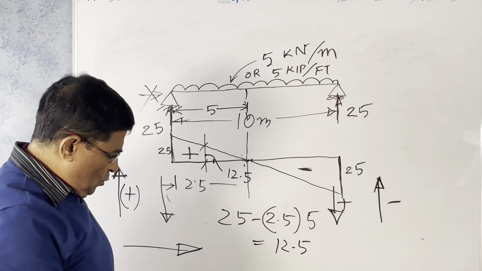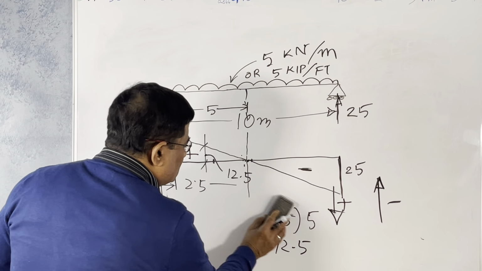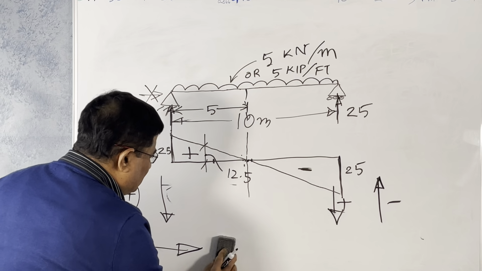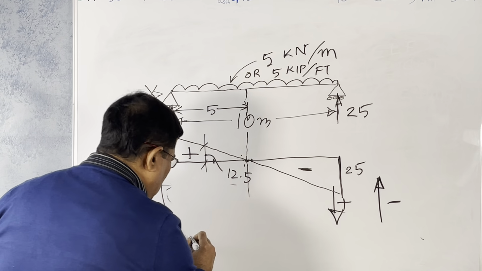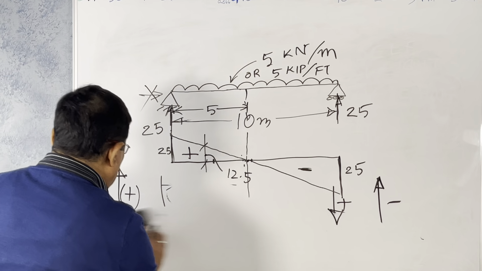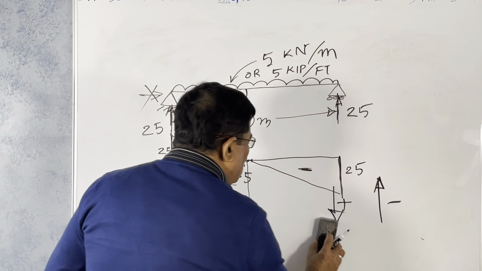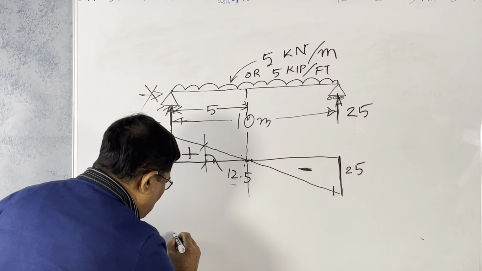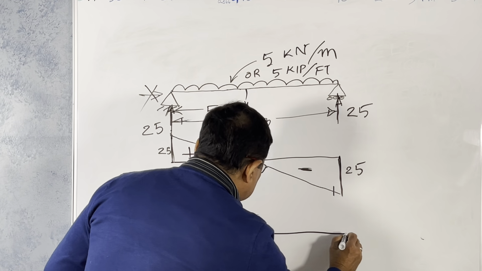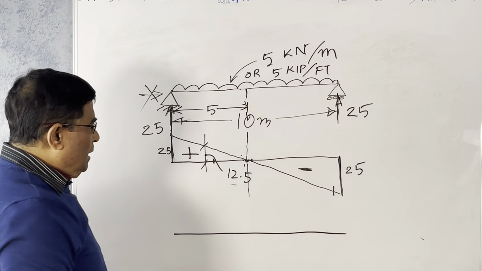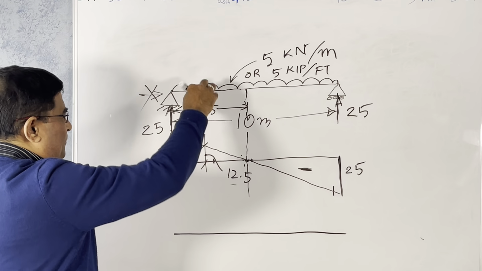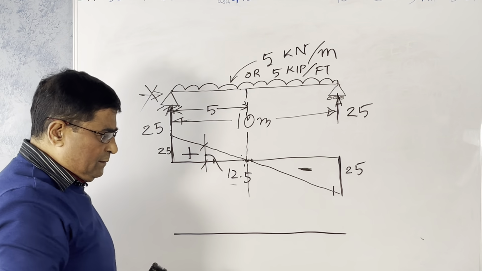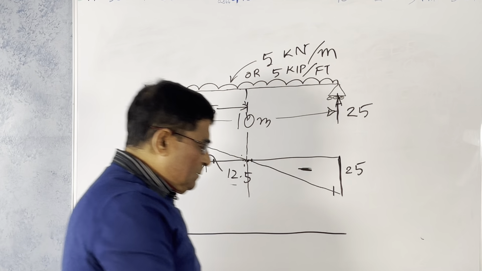Got it? So now, what is the bending moment diagram? Again you draw the baseline. When you have a beam like that, what happens?